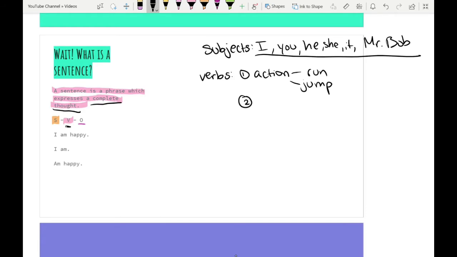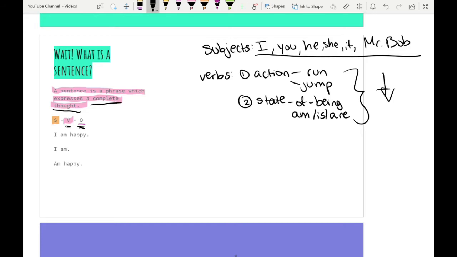The second one would be your state of being. State of being. This is like your am, is, are, these types of verbs. If you'd like to have a video more about the different types of verbs in English and a more detailed explanation of this, let me know in the comment section below and I can make one of those.